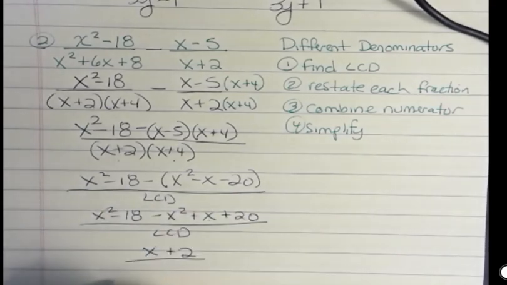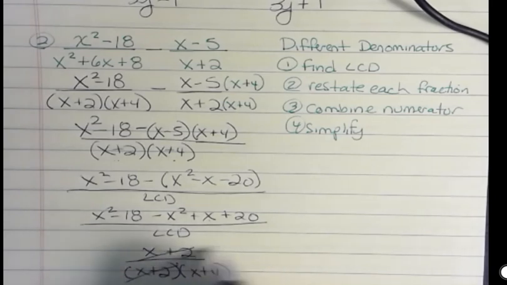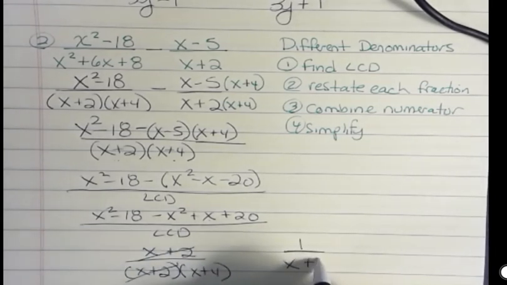And my LCD, I'm going to write out now, is x plus 2, x plus 4. Notice what happens there is I have an x plus 2 in the numerator and in the denominator. Those then can be canceled. I can cancel an entire binomial, but not part of a binomial. So what I have left on the top is just 1, and in the denominator I have x plus 4.